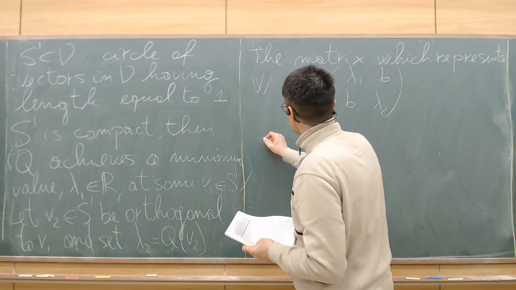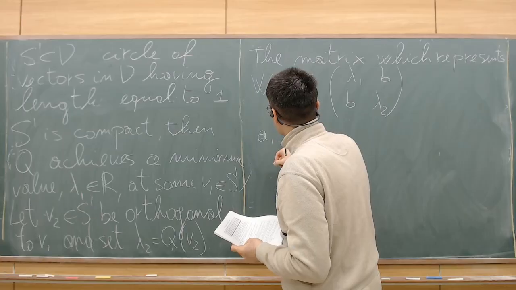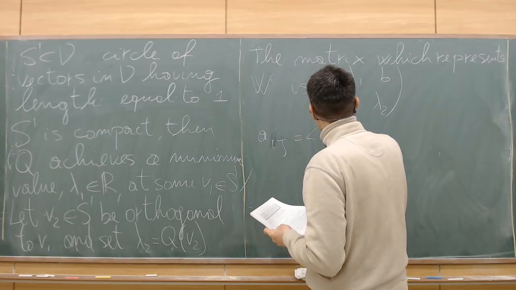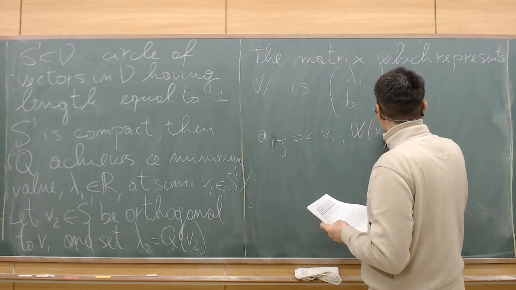Why? Because we saw before that Aij is Vi Wvj.